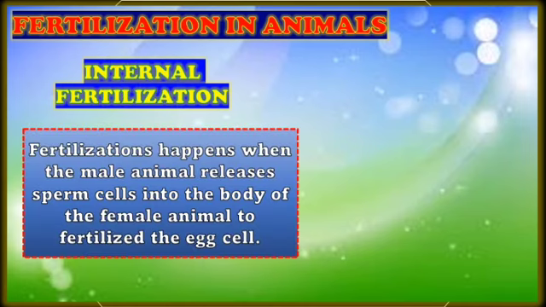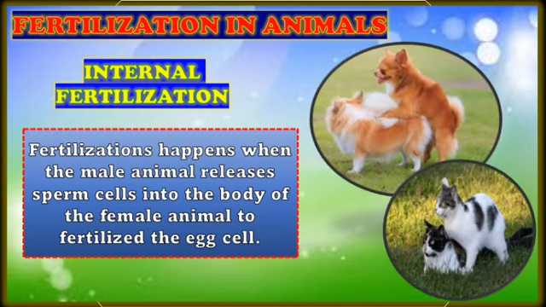Internal fertilization happens when the male animal releases sperm cells into the body of the female animal to fertilize the egg cells. Examples of internal fertilization are a dog, a cat, a chicken, a bird, a zebra, a cow, a carabao, a goat, a rabbit, a pig, and many more.